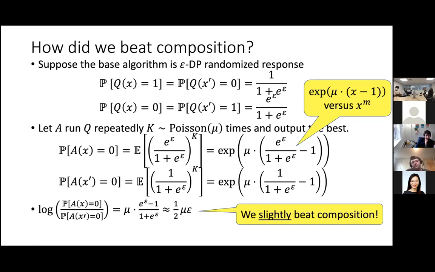Basically, the idea of repeating and outputting the best is very naturally interpreted in terms of the CDF of the distribution. You just take the power of the CDF, and that's what we're doing here, with the special case of 0. In the more general case, the actual proof says we look at the CDF at an arbitrary point. We get an expression exactly like this, and then this function comes in from the expectation over K.